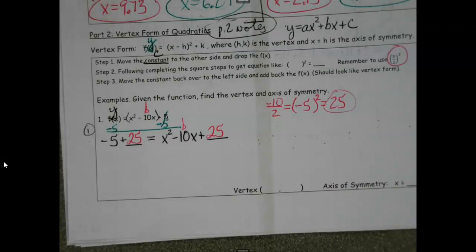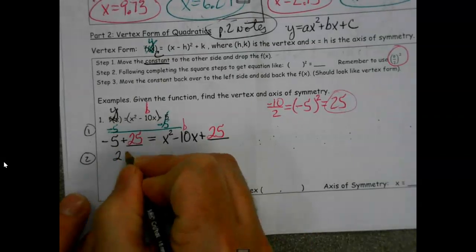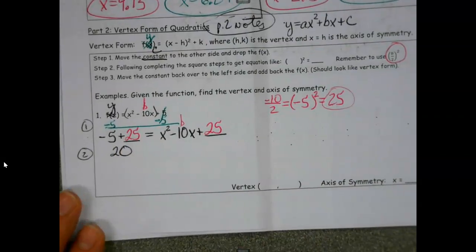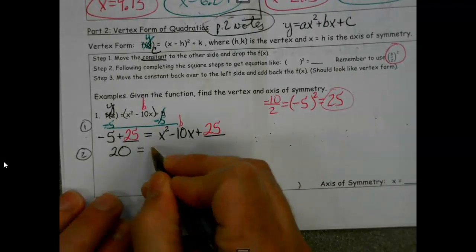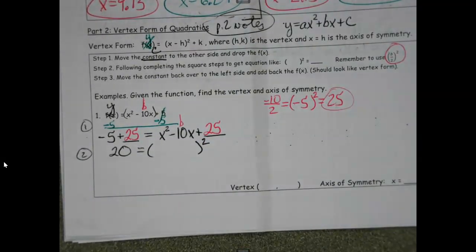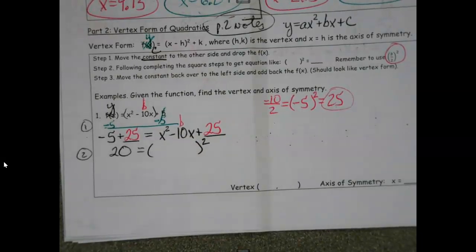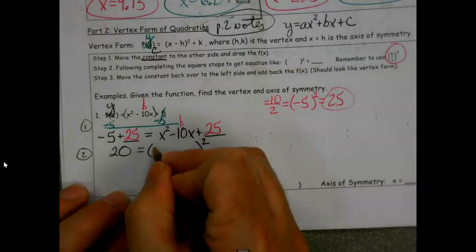So now, we have one more part in this step to get this cleaned up. So negative 5 plus 25 is 20. We need this side to be back in squared mode. So remember, there's a shortcut way to do this. We don't have to factor this out completely, do a perfect square trinomial, any of that stuff.